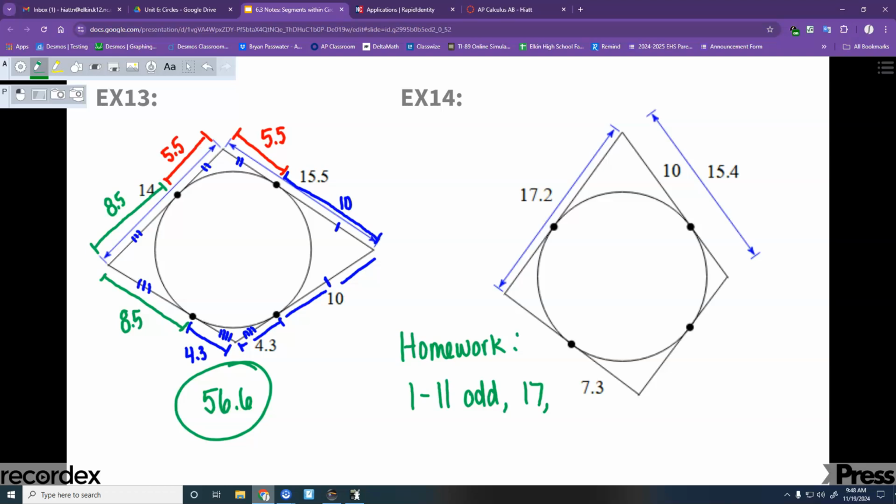And 21. And 23. Okay. So those will be the ones assigned.